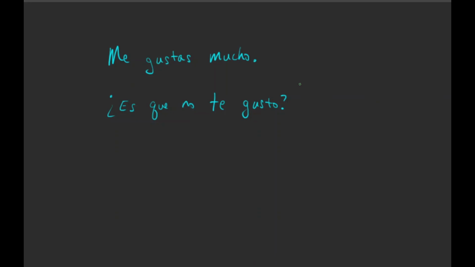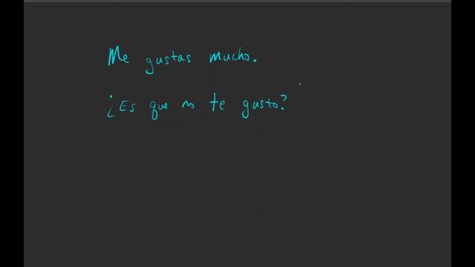As an aside, I did want to touch on the fact that these verbs can be used regularly, but just realize that the structure of the sentence is still reversed. So when I say me gustas mucho, what I'm actually saying with that sentence is the gustar is in the tú form. So you are the one causing the pleasing feeling, and me is the indirect object, so it means like to me.